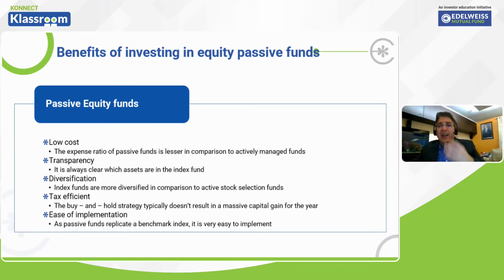You are not actively choosing which securities you want to trade in, or which securities you think will outperform or do better. It is a complete replica of the benchmark, giving any investor into index funds or ETFs a higher level of diversification. It is easy to implement because I am just replicating the benchmark.